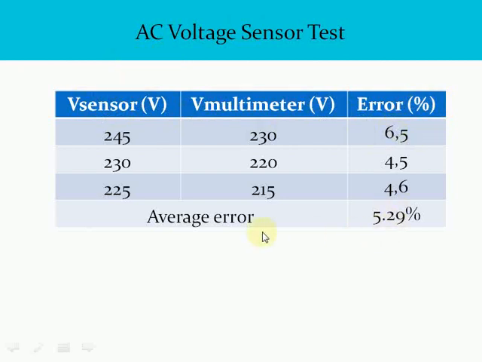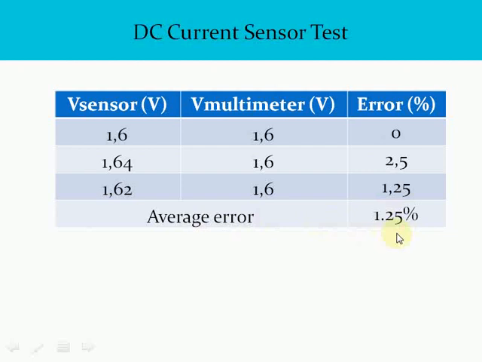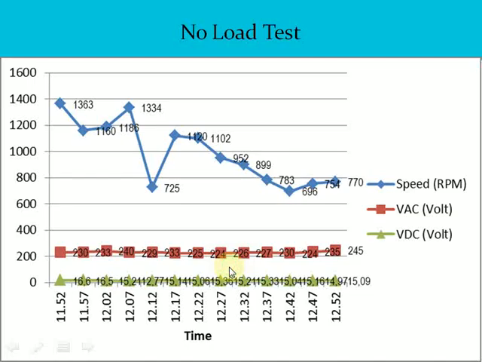After we calculate the average, the error is about 5.29%. This is the DC current sensor test. From the tests, we get an error of about 1.25%.